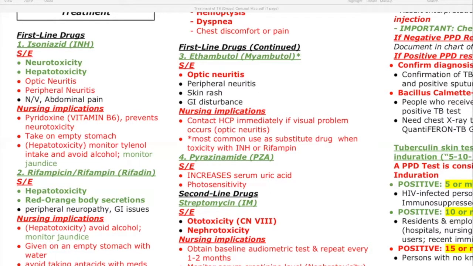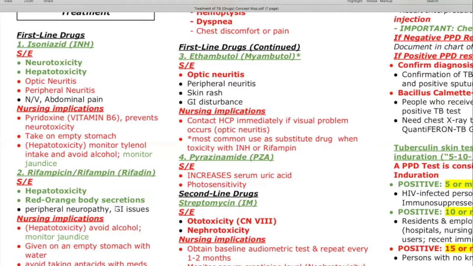So nursing implications. We have to teach the patient to avoid alcohol. We want to give rifampin on an empty stomach with plenty of water, about 8 ounces of water.